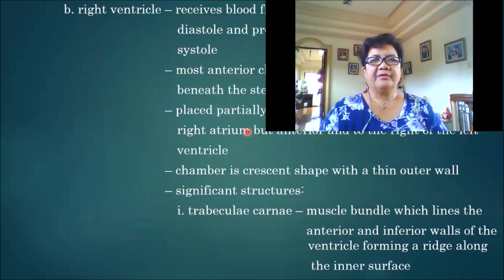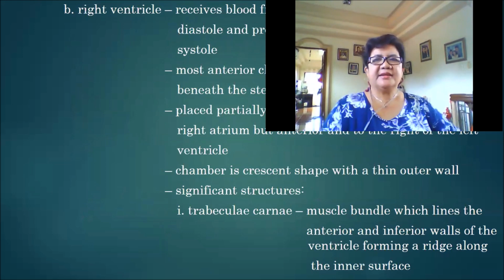Then we go to the right ventricle. The right ventricle receives blood from the right atrium during ventricular diastole or relaxation. And it will propel it to the lungs during ventricular systole.